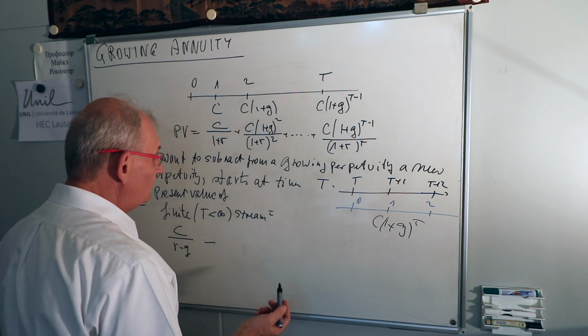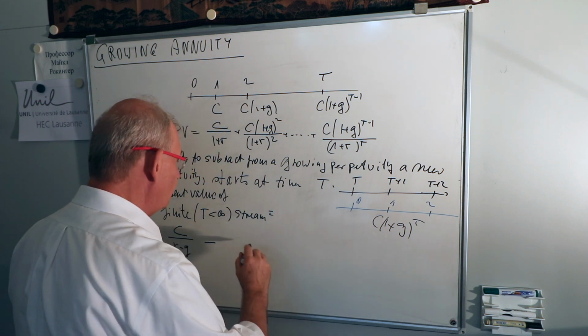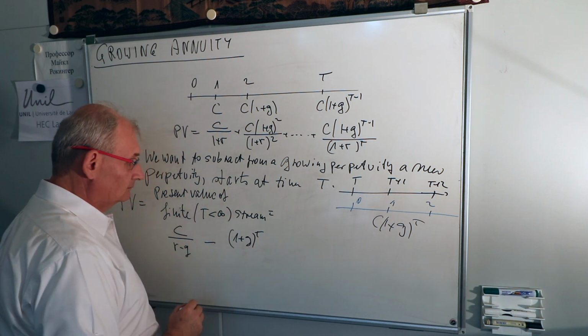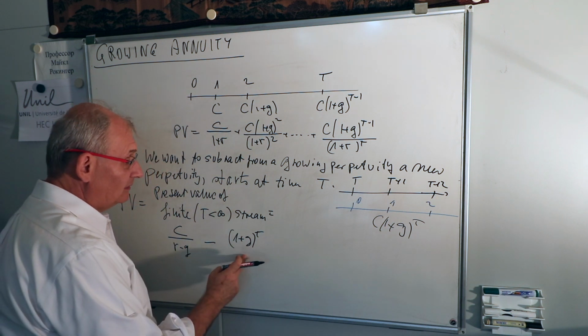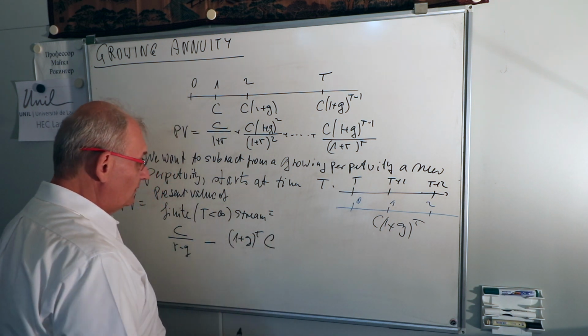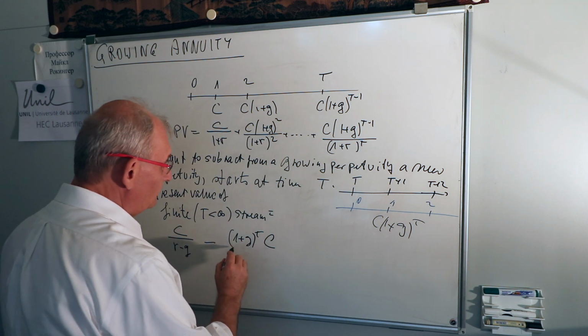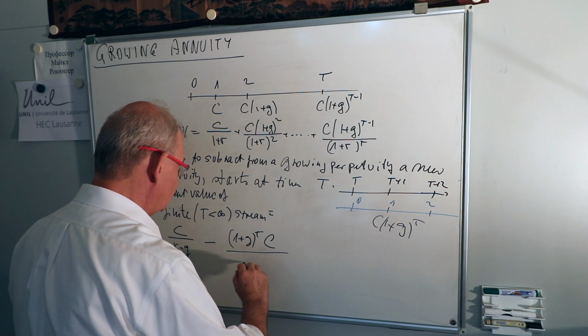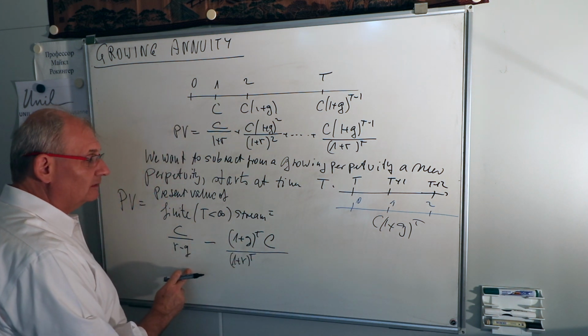This new perpetuity is going to have as a first term (1 plus g) to the power T. This is going to be the first cash flow after multiplication by c, and then I need to divide all this by (1 plus r) to the power T. This is going to be today's value.